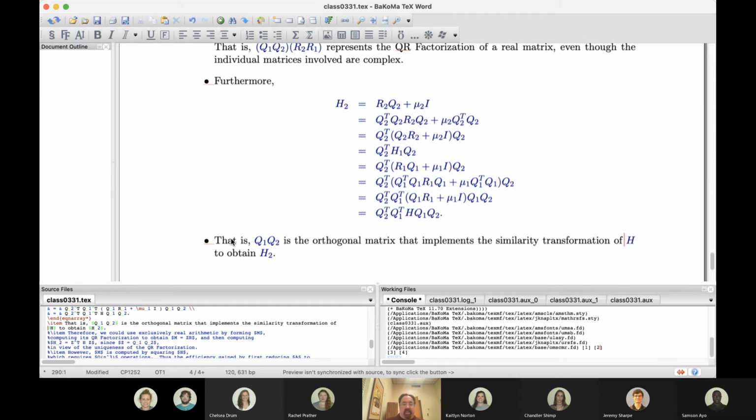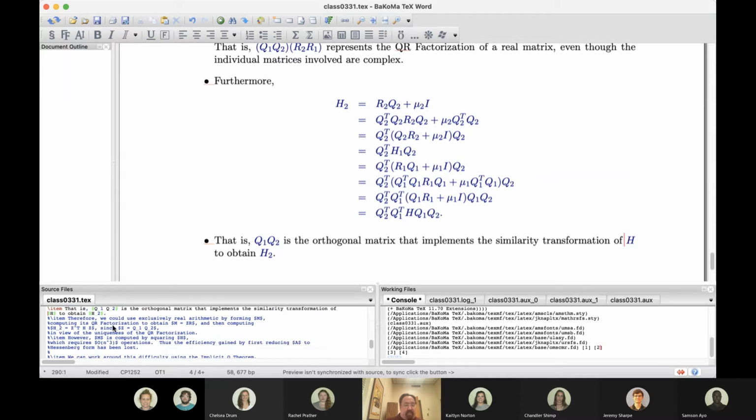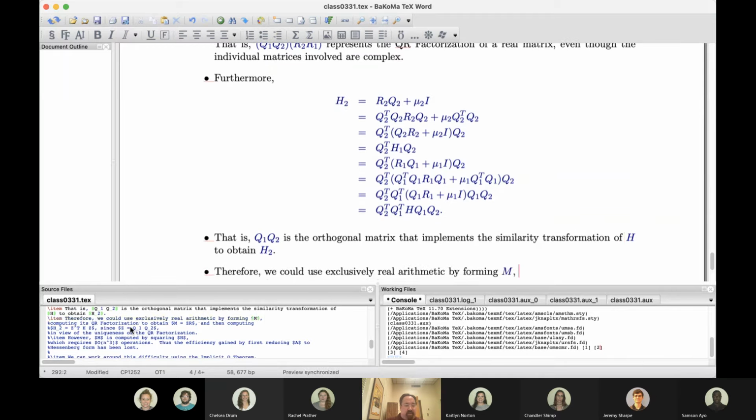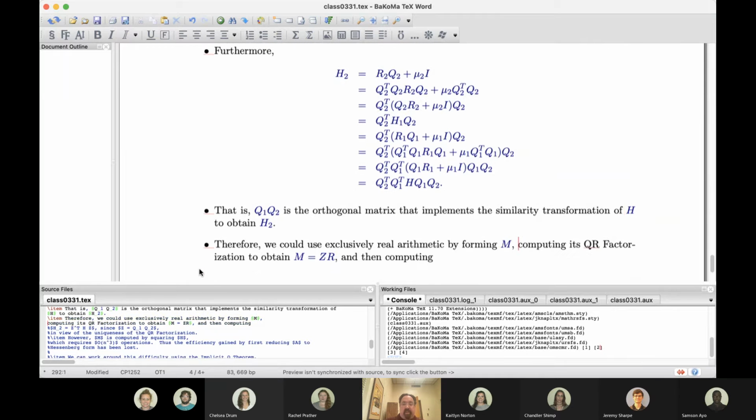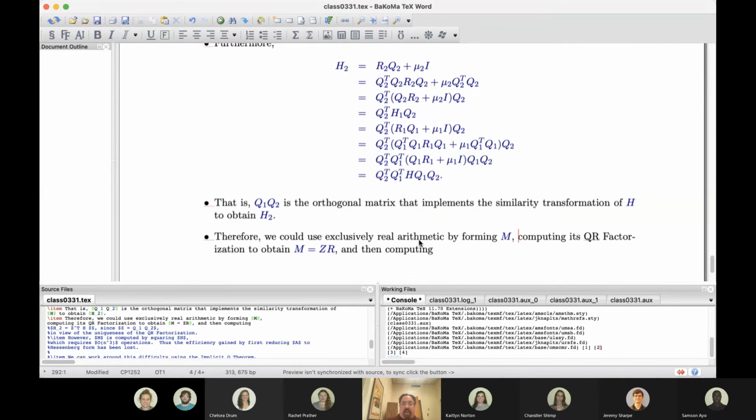Okay. So now we have a way to avoid complex arithmetic. What we can do is go ahead and form M, knowing that that's a real matrix. Then we compute its QR factorization, which we call ZR, where Z is Q1 Q2, because the QR factorization is unique.